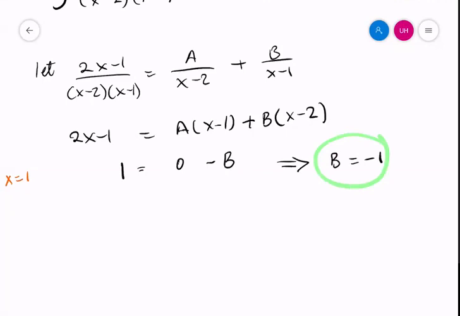Okay, and now x in this case is going to be 2. Then we will get a equals 3.